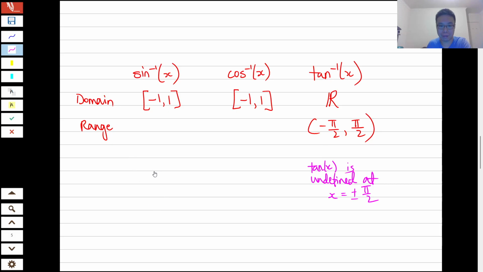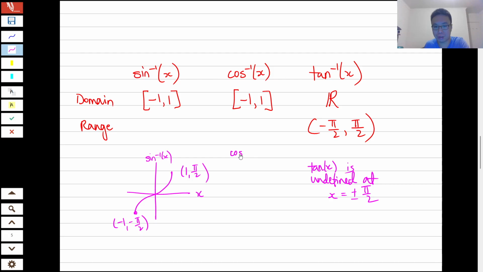Now I'll sketch the graphs again for you. So inverse sine looks like this. So it was (1, pi/2), (-1, -pi/2). Inverse cosine looks like this.